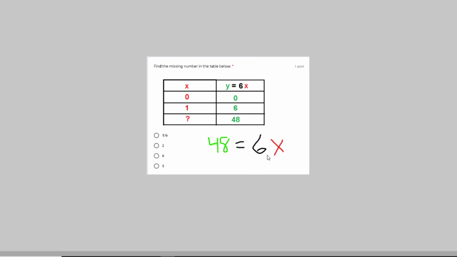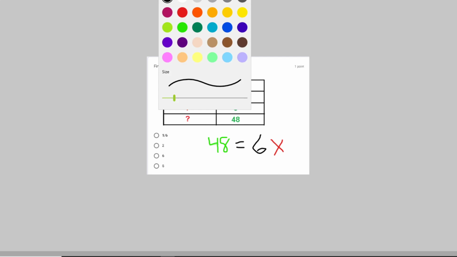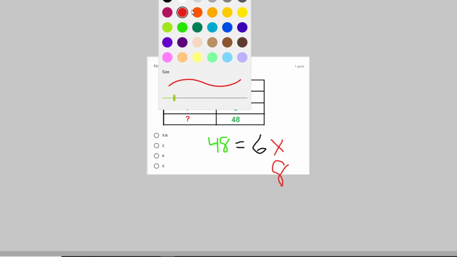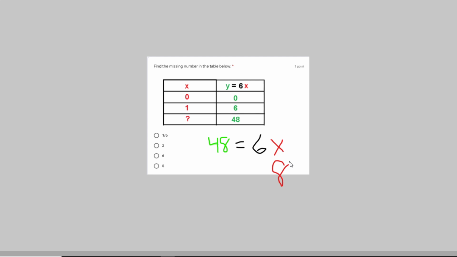Really, what we're doing is thinking, what times 6 will give us 48? Well, 6 times 8 will give us 48. So that must be it. So x is equal to 8.